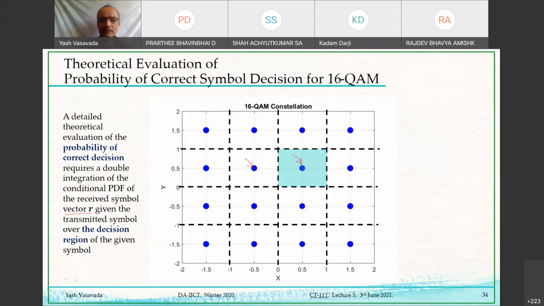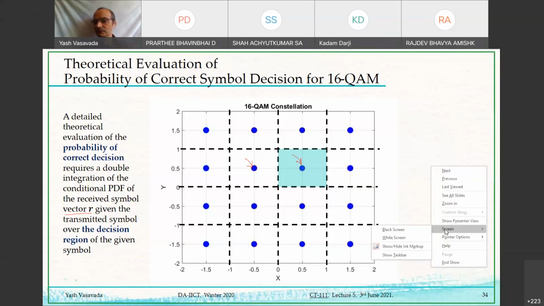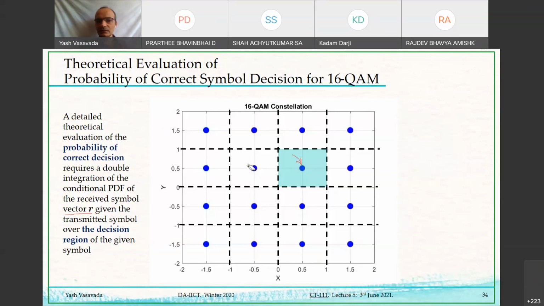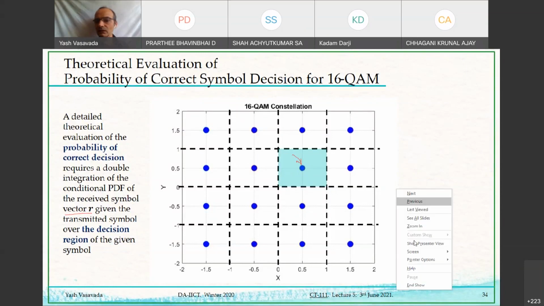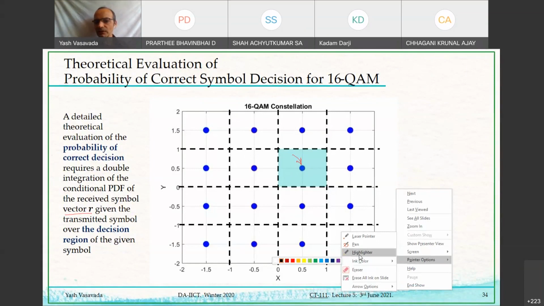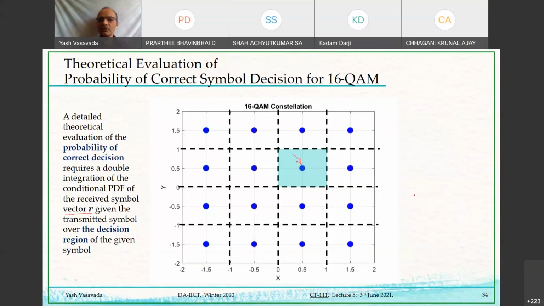We can do something else. We can arrive at a similar answer in a different manner, where instead of the probability of correct symbol decision, we would evaluate the probability of error when this symbol is transmitted. So who can tell me that? 1 minus of that. But what about the diagram?